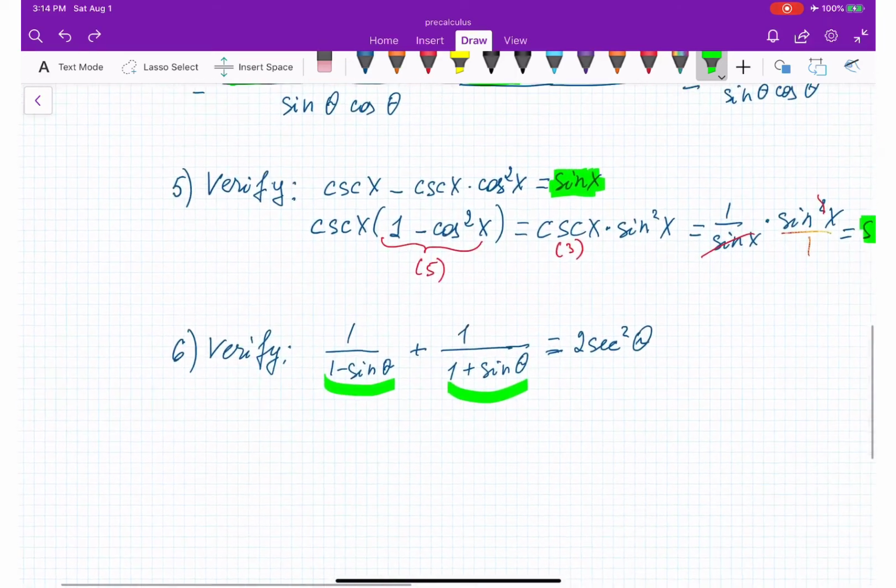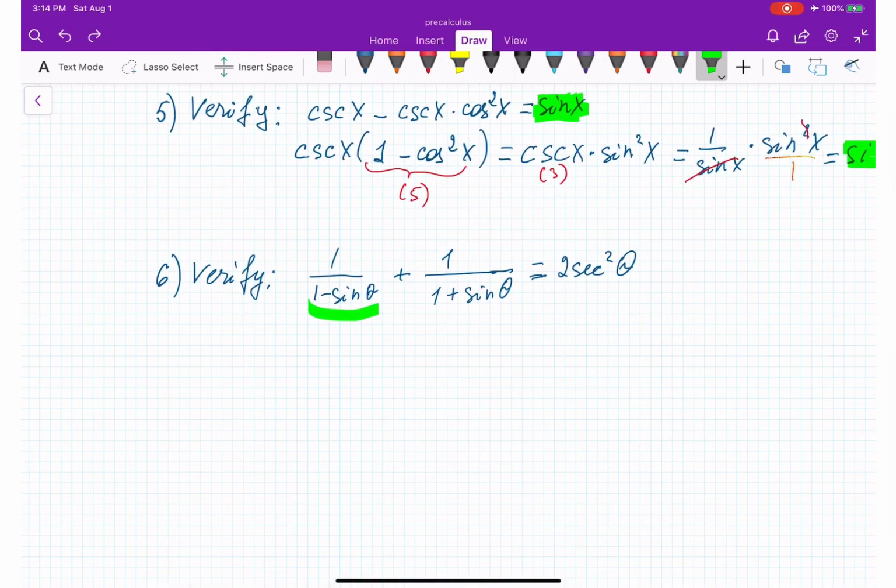So common denominator is going to be 1 minus sine theta times 1 plus sine theta, which is 1 minus sine squared theta. Right now I'm not going to write down like that because I need to adjust this denominator. Let's see, 1 over 1 minus sine theta.